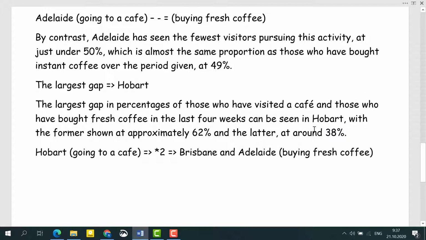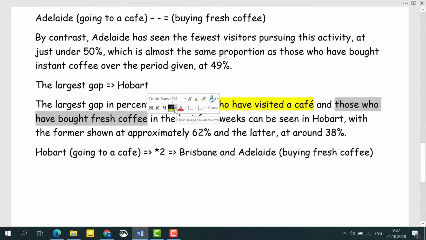Now pay attention to this. When we have mentioned 2 activities, right? So those who have visited a cafe, okay, and those who have bought fresh coffee. Just a second, I'm going just to change the color here, and then I'm going to explain.